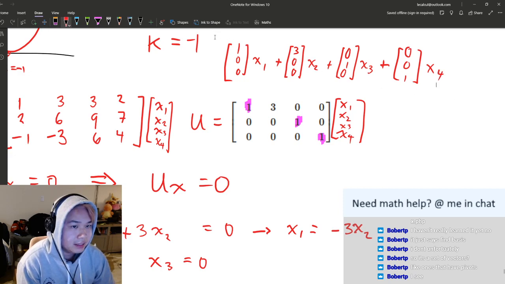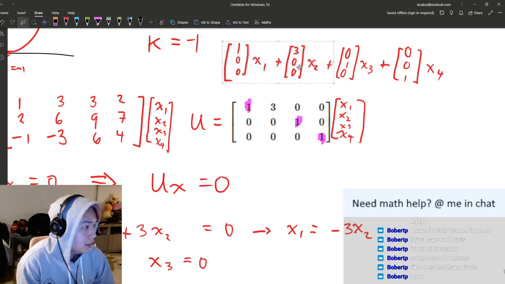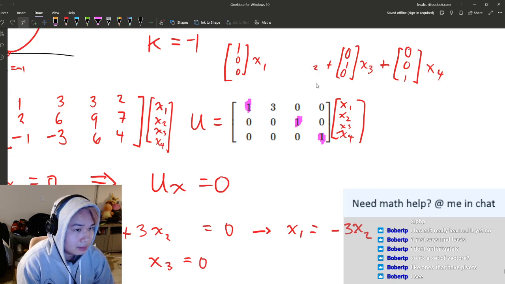And you can see that this one is just a multiple of this one. We can combine these two together and just say that x1 is going to be some other number. So we don't need this one.